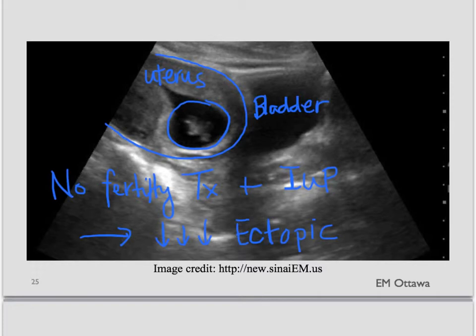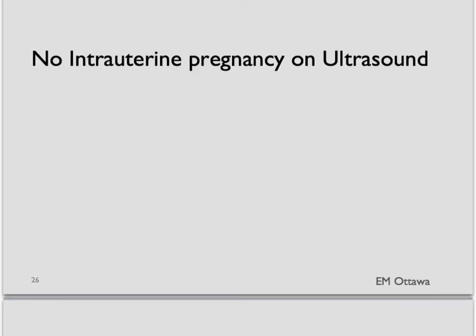In a patient who is not undergoing fertility treatment, the presence of this intrauterine pregnancy is very reassuring to us. If the patients remain stable, they can likely go home and follow up with their own doctor. What about the patient who is stable, who does not have free fluid on the bedside ultrasound, however, on focused screening, there is no intrauterine pregnancy seen?